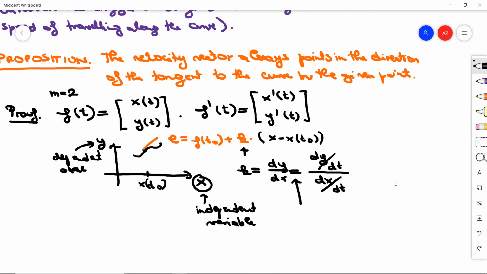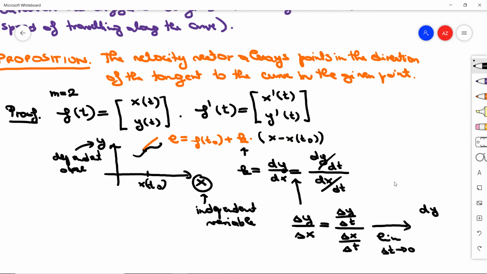So this is the change of y over the change of x, and we can write the change of y over the change of t, over the change of x over the change of t. So this is all discrete, no limits. I can easily divide by the change of t in the numerator and the same in the denominator. But when I take the limit, when the change of t goes to 0, then I get what I wrote here.